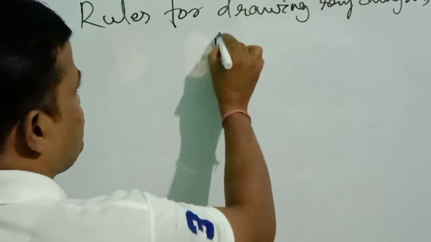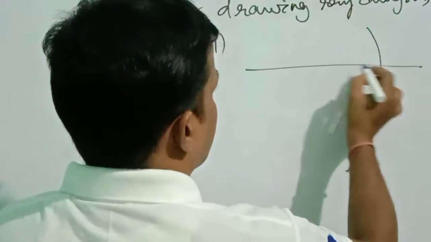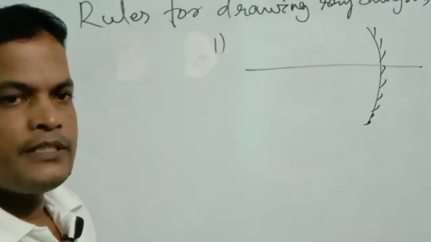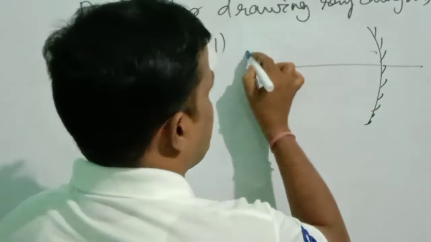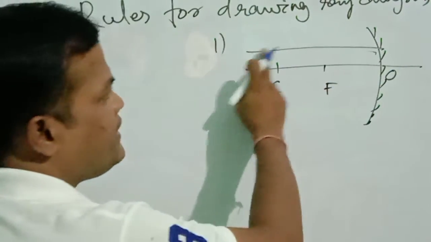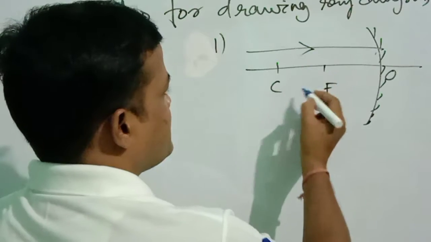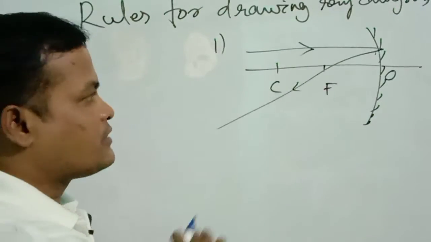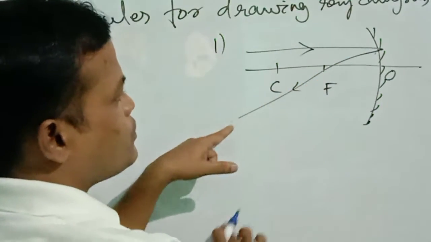Number 1: suppose this is the principal axis, this is your mirror, this is your focus, this is your center of curvature, this is your optical center. The number 1 rule says, children, if a ray is incident parallel to the principal axis, then after reflection it passes through the focus.